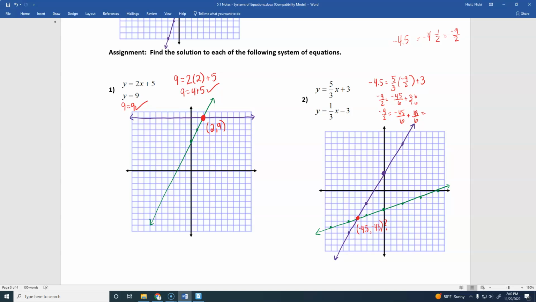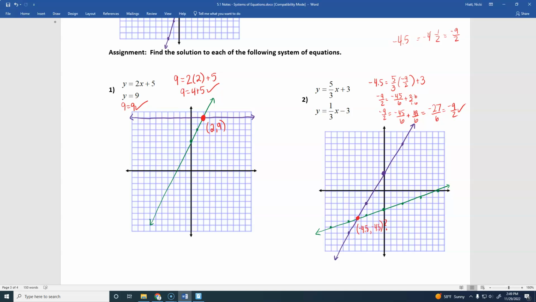That is going to be, let's see, 27, -27/6, which if you divide by 3 will give you -9/2. So it works for that one.